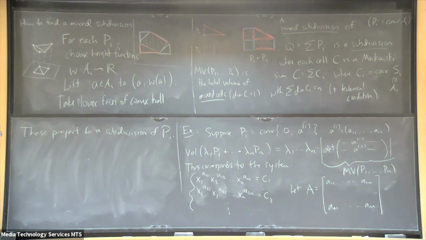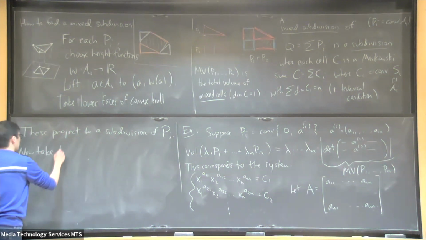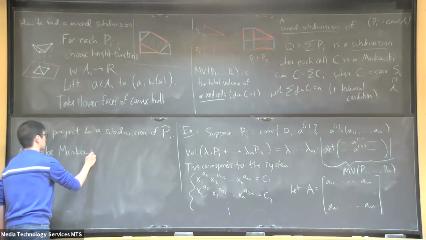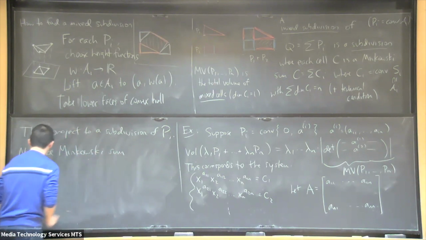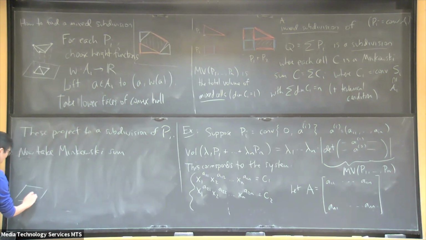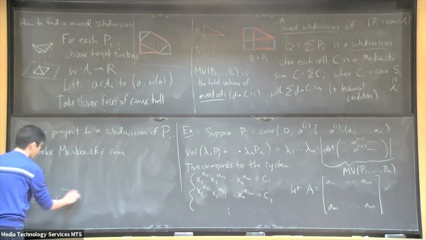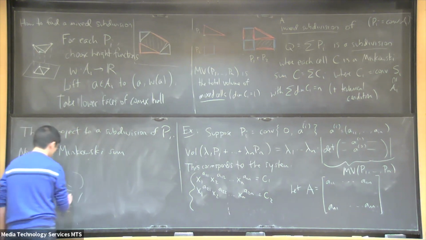Once you've done this, you take the Minkowski sum of all of these pictures. I have this situation where I have P_i down here as some polytope, and I have this thing up here, maybe I'll call it P_i hat. If I take the lower faces of this, it projects down to something here, and I have a bunch of these similar.